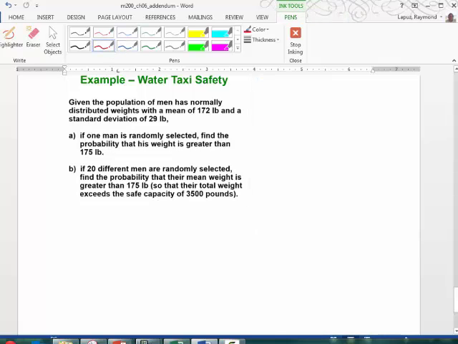Now, if we take a look at this, this looks very similar to problems that we've already done. So, for example, given a population that has a normal distribution with a mean of 172 pounds and a standard deviation of 29 pounds, if one man is randomly selected, find the probability that his weight is greater than 175.